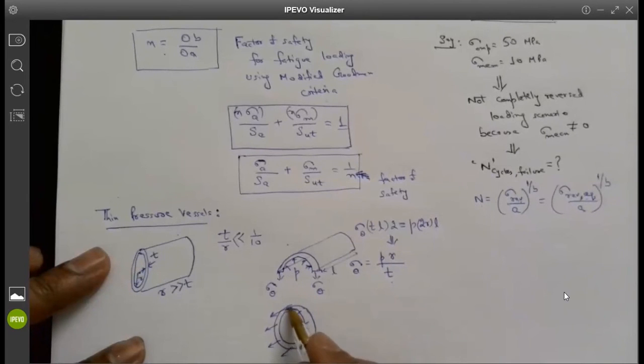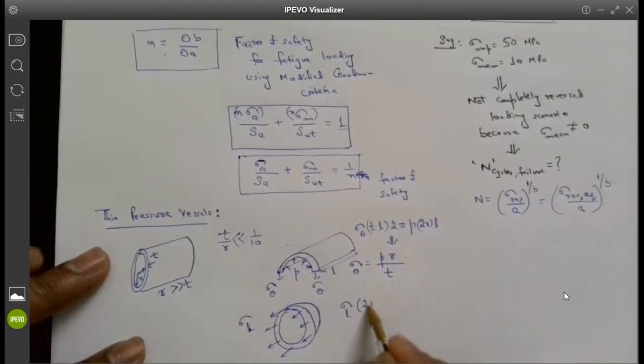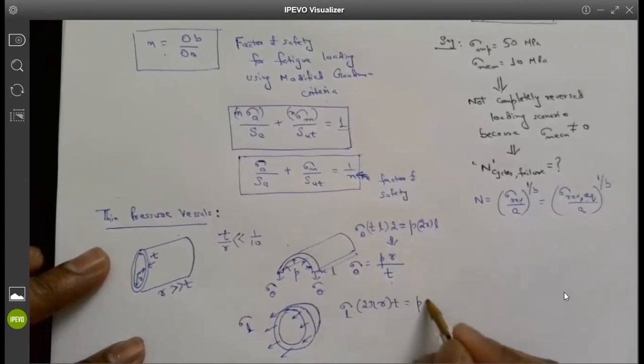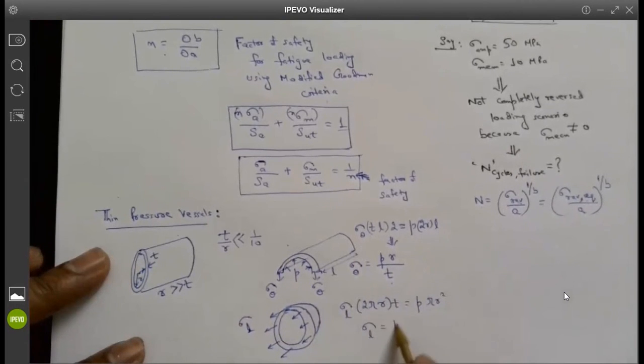This is the end cap of the cylinder, so these are your longitudinal stresses. For the pressure that is applied, sigma longitudinal times 2 pi R times t should equal pressure times pi R squared. That gives me longitudinal stress PR divided by 2t.